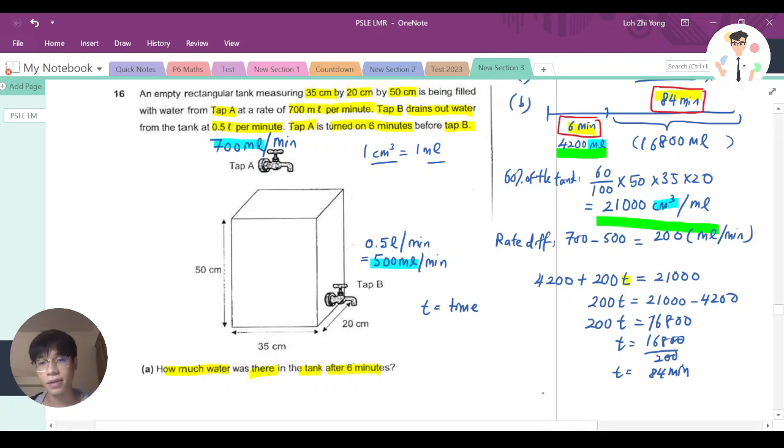So my last step, 84 minutes plus 6, which is 90 minutes. That's why my answer is 90 minutes for this question. Okay, we are done with this question. It takes some time, yeah, but it's a simple question.